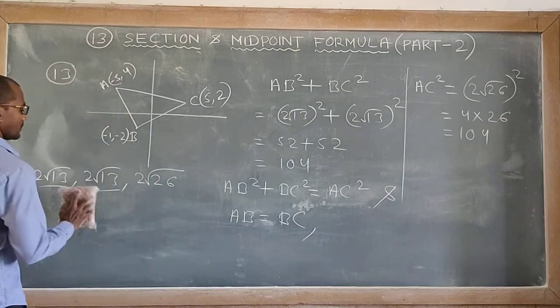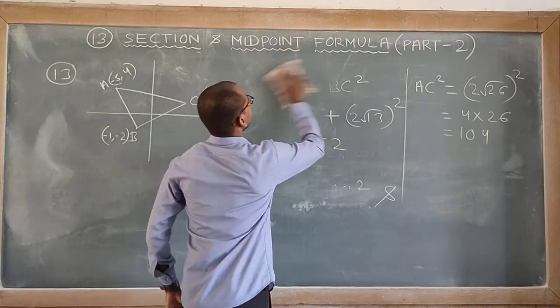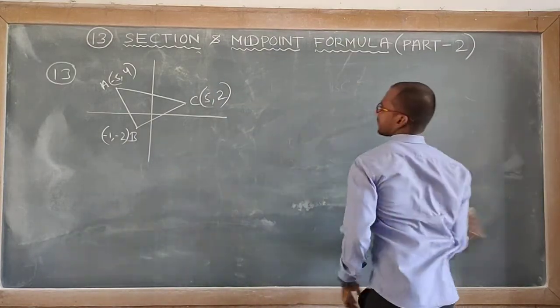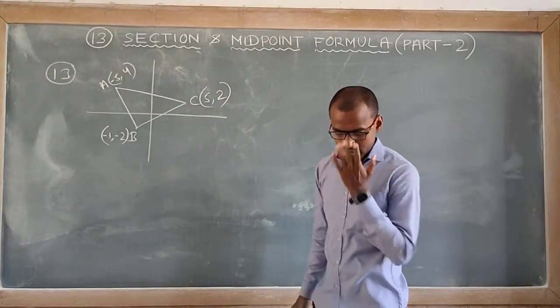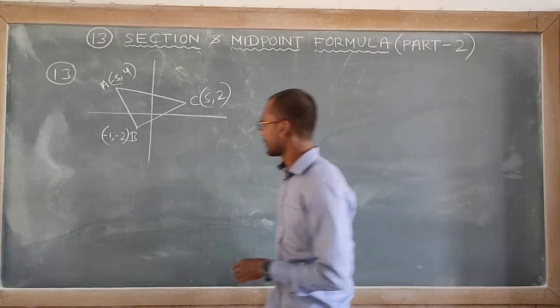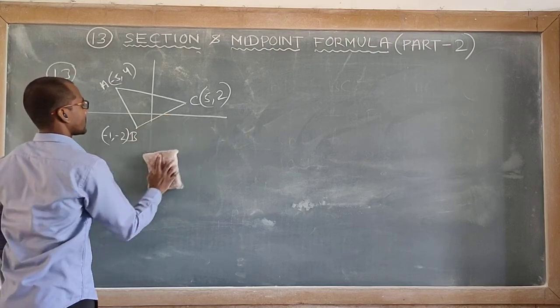Next. The last part of the question. Find the coordinates of D so that ABCD is square. Already we have got that. I'm arranging the x-axis, y-axis.